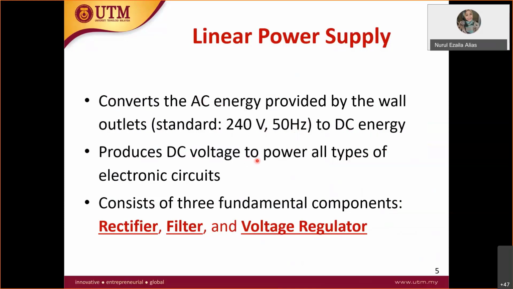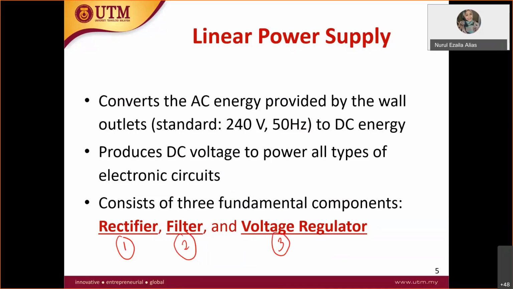So to transform from AC to DC, you might need three fundamental components in your power supply circuit. The first one is the rectifier circuit, the second one is the filter, and the third one is the regulator.